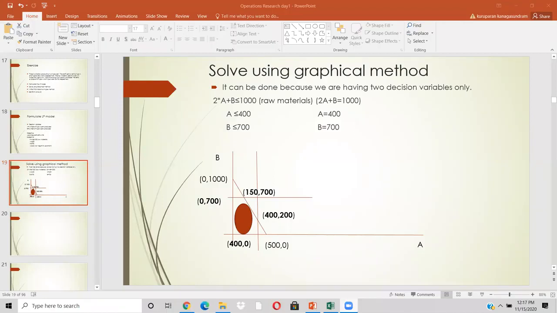Guys, do I need to draw the objective line or not?